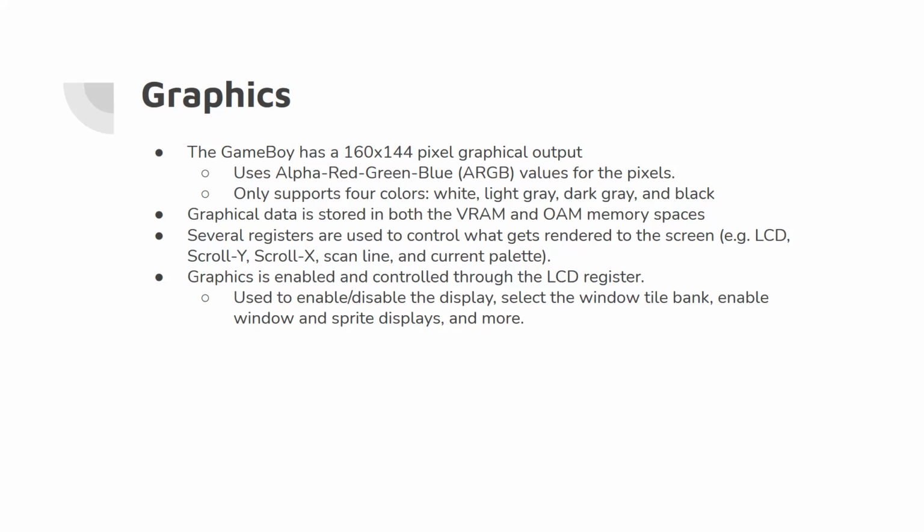And then the LCD register is the main control register for graphics. It's used to enable or disable the display, enable windows or enable sprites, and so on and so forth. And I think it has 2 interrupts associated with it. So whenever anything is rendered, chances are there's going to be some sort of corresponding change to the LCD register.